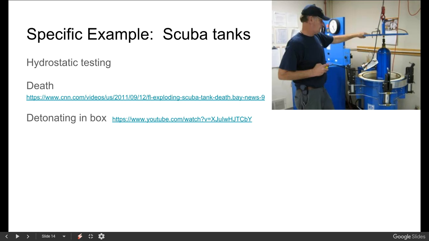So what they do for testing every 5 years in a scuba tank, they immerse it in water and fill it with water, not gas. Gas would blow the things to pieces. They pressurize it and they watch how much the water level climbs in the tank. And there's a zone. You want slightly stretchy, not too stretchy, not too stiff. And then they rate the tank for further use.